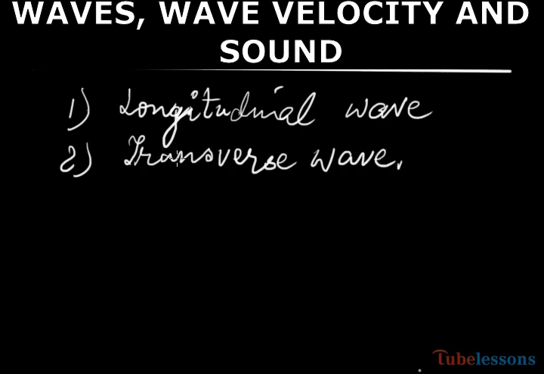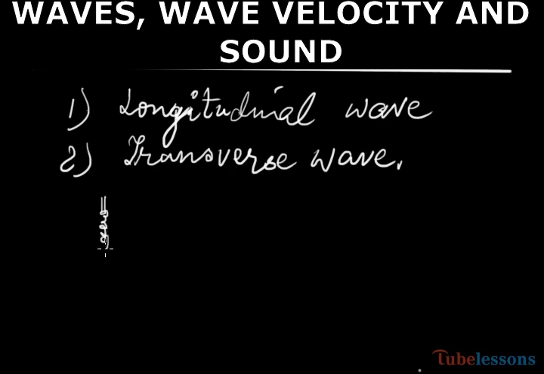Now we have to know what a longitudinal wave is. Actually, sound wave is one type of longitudinal wave. A longitudinal wave is a wave in which the wave particles oscillate parallel to the direction of the wave. Say there is a spring.